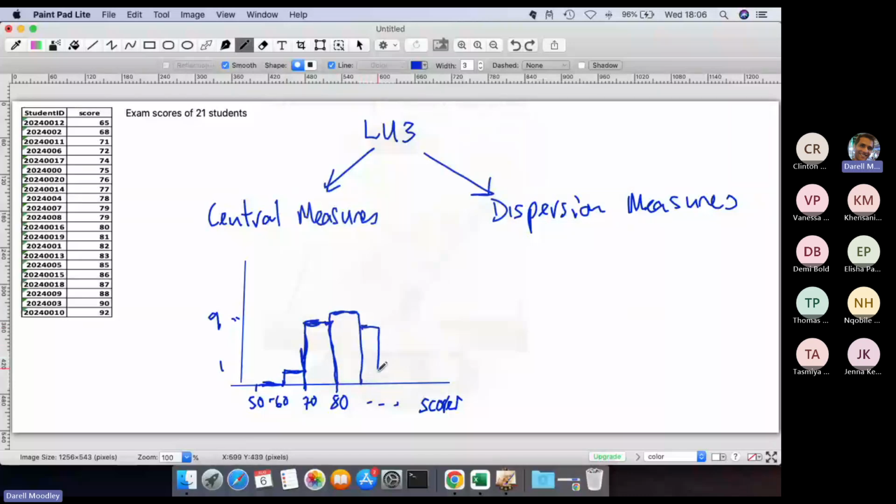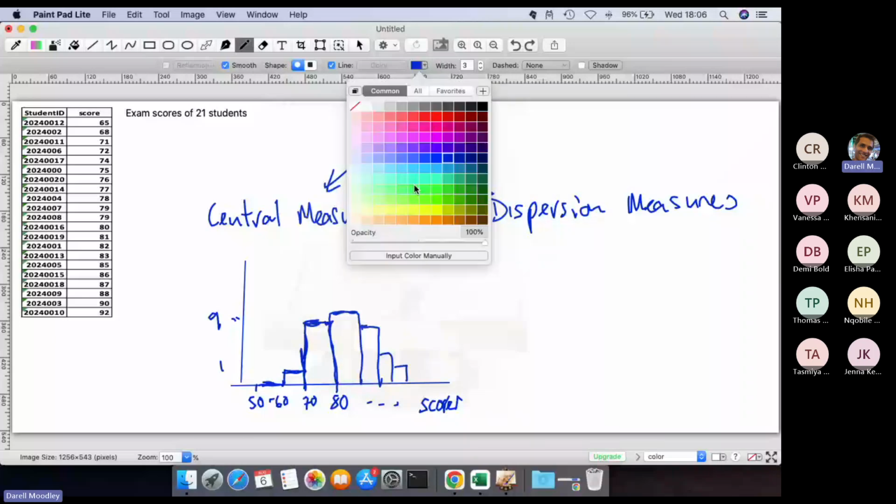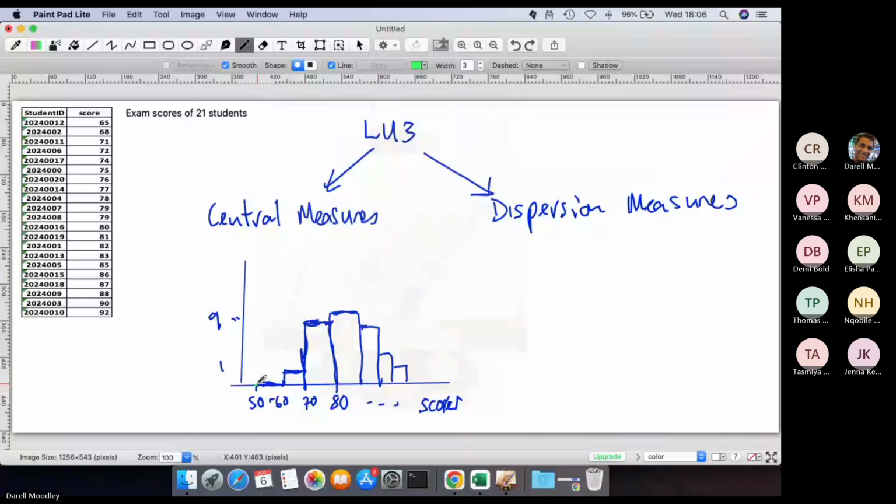So let's just say you've done this histogram for this data and you've got this histogram. Now I'm going to use a line and change the color to show you what I mean by a distribution. We'll start from the lowest one.